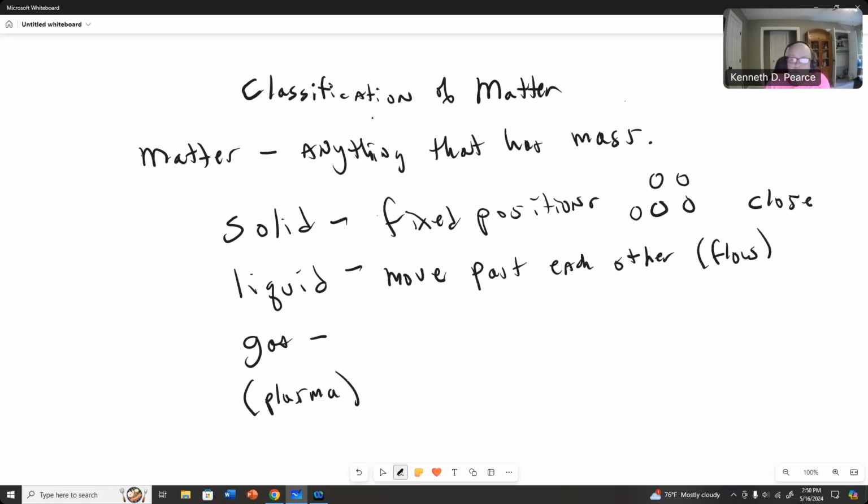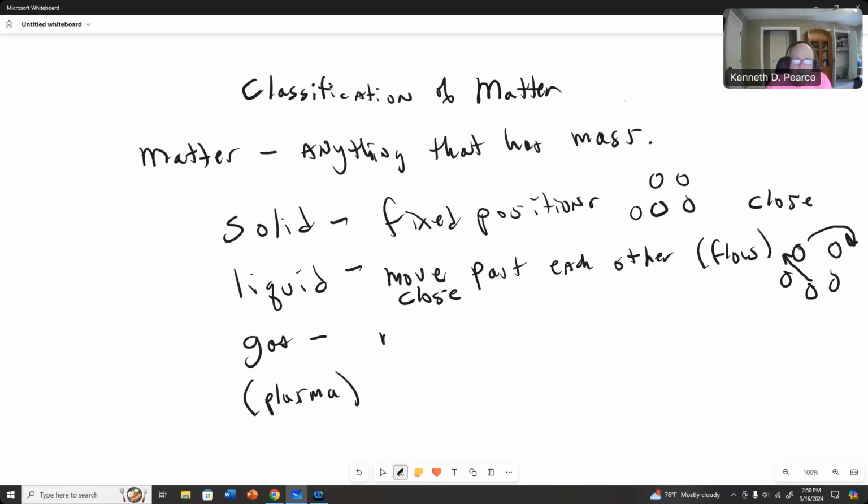Why does it flow? Because when we have a liquid, the particles can actually move around. Now they're still close. They're close like solids are, but they can move, and we call that flow.